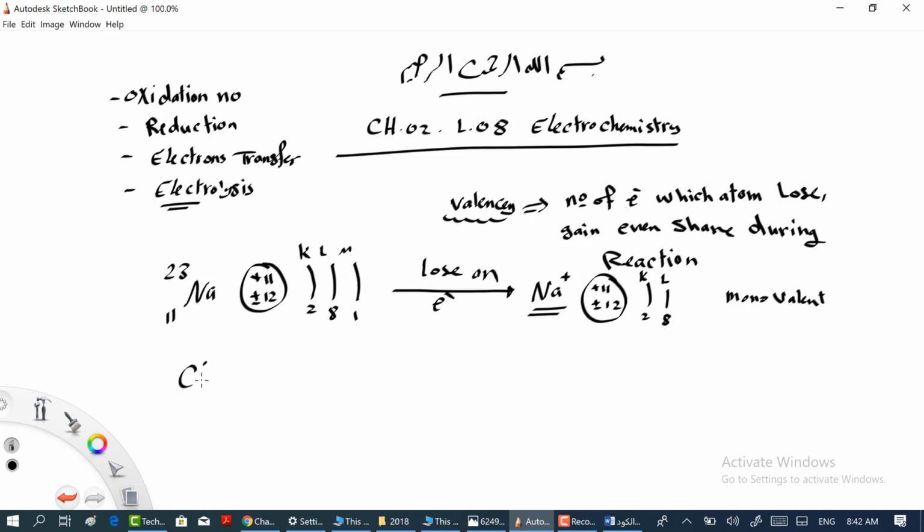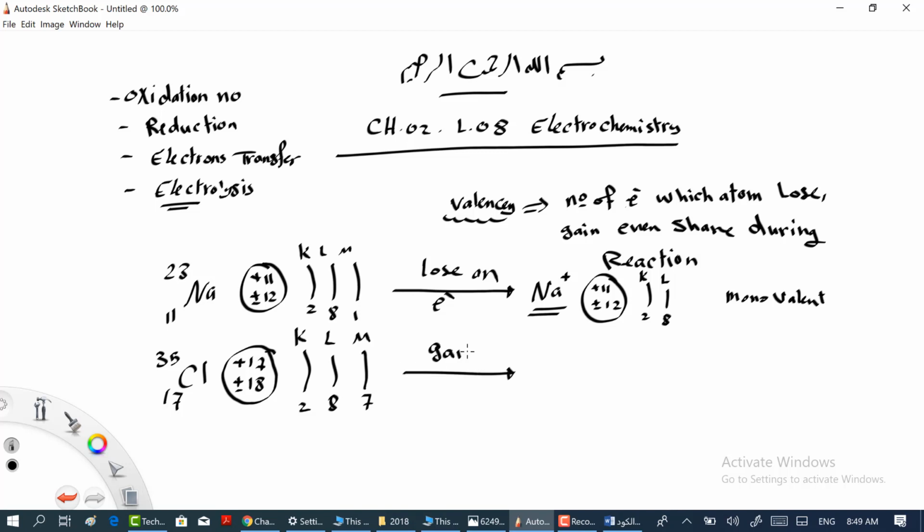And when we talk about chlorine, we find chlorine positive 17 and negative 18, so it will be 2, 8, 7 in K, L, M. In this case it gains an electron and becomes Cl negative 1, positive 17, negative 18, 2, 8, 8.